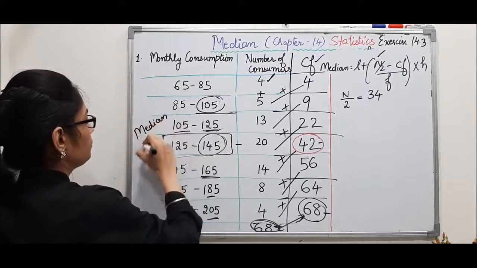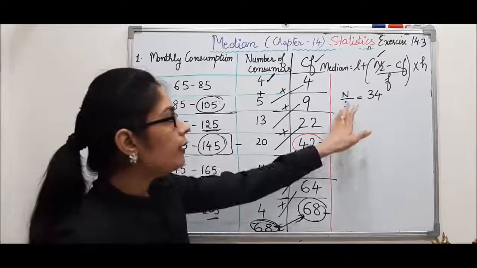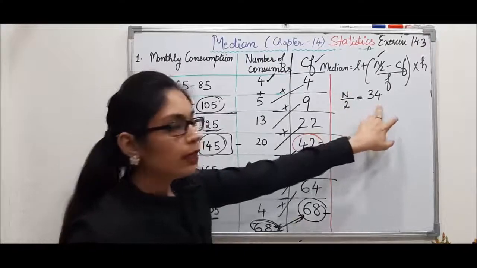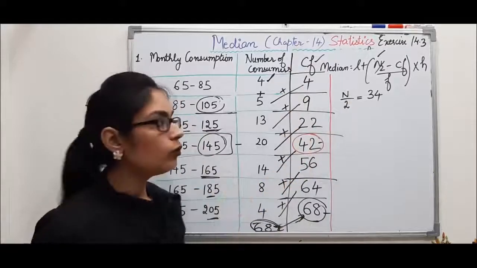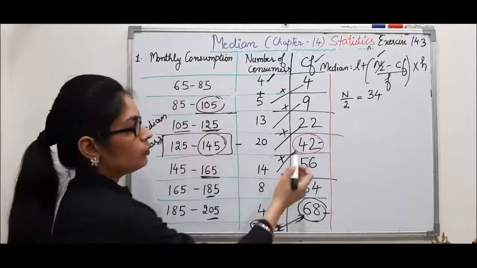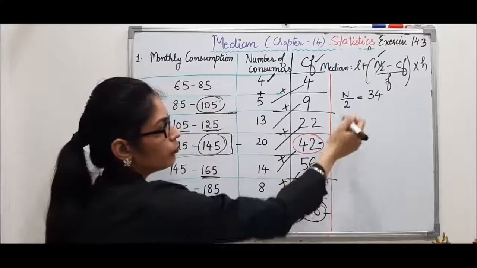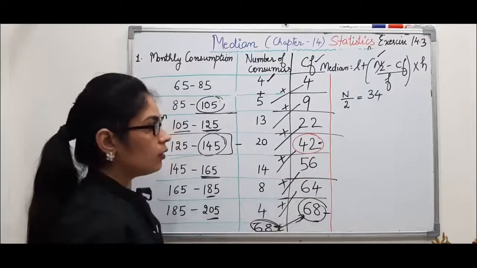Median class. Once again I will explain you. Once you find n by 2, in cumulative frequency you have to see all the frequencies and look out for the frequency which is greater than n by 2. So n by 2, it is 34. If you see greater than 34, it is 42.